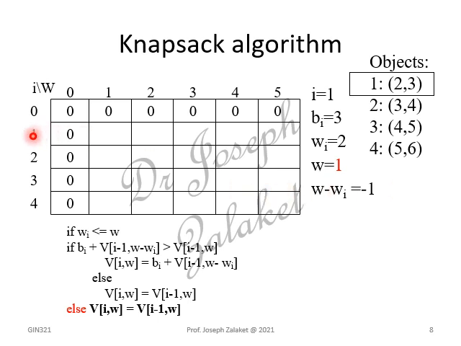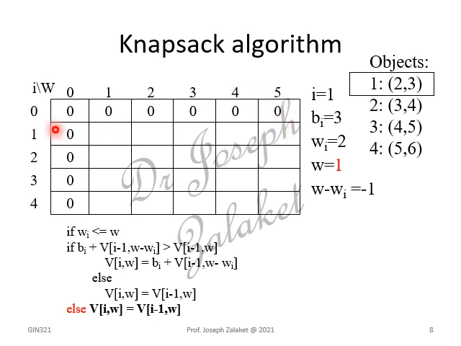So from here, if we start our loop, we'll start from here with i now equal 1. i equal 1, we will go through the values of w from 1 up to 5.